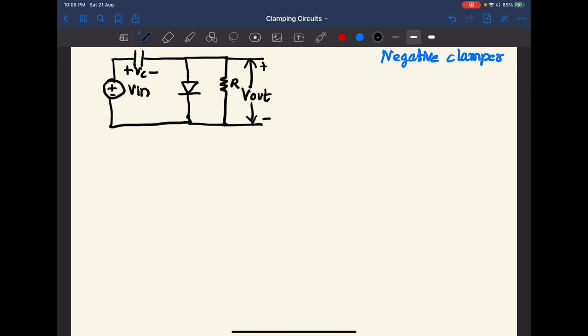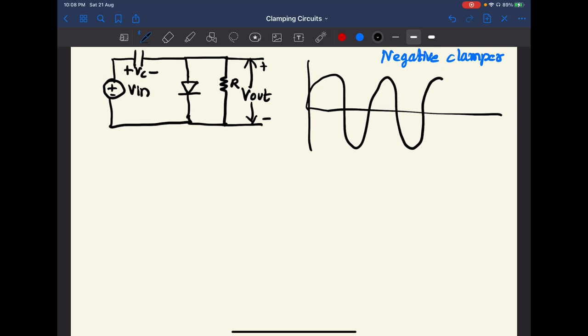This is our circuit. Here also, the input waveform is a sine wave of peak value Vm, minus Vm. I have drawn it very badly, okay?